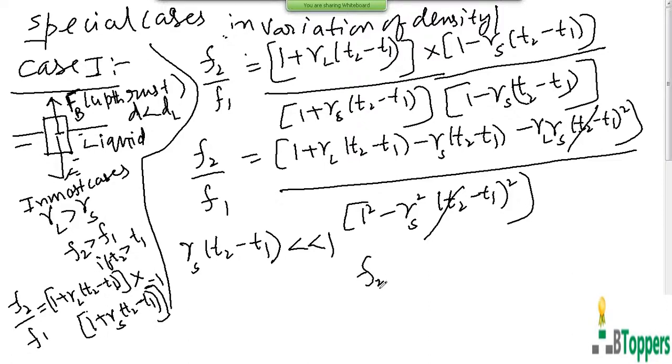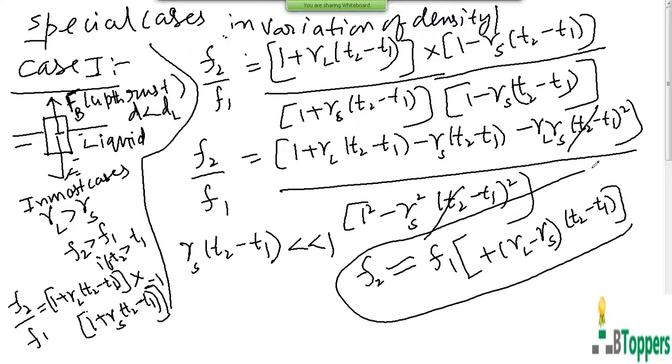Therefore, F2 will be approximately equal to F1 into 1 plus gamma for liquid minus gamma for solid into T2 minus T1. So in case you are given a numerical problem based on this discussion, you can directly use the conclusion. So I will continue my discussion in my next class.